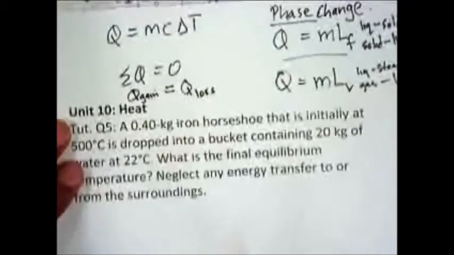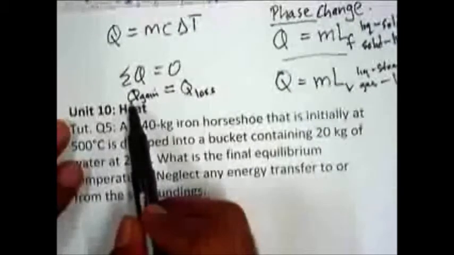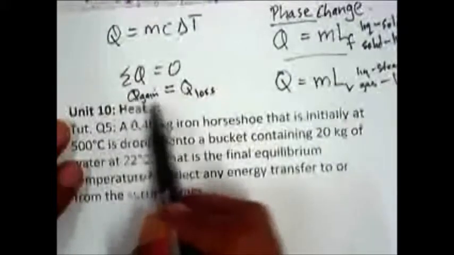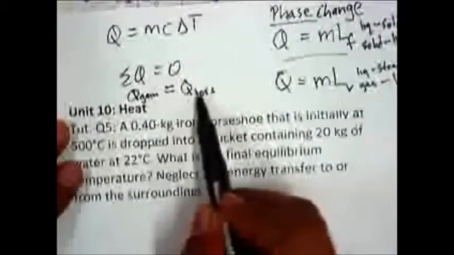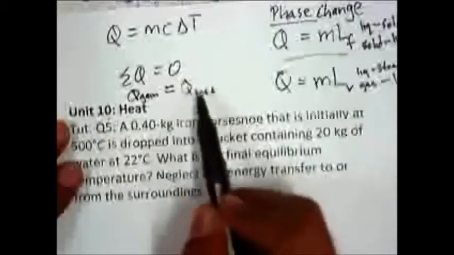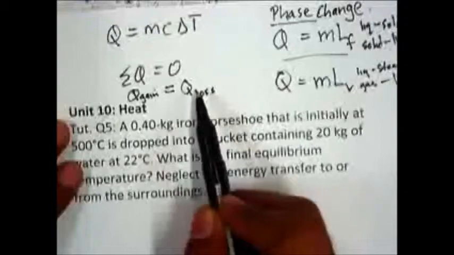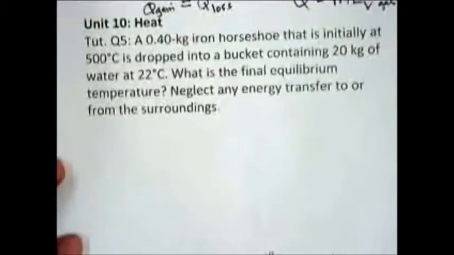So whatever substance is gaining the heat, the amount of heat that the substance gains is equal to the amount of heat lost by the other substance. Basically that is the idea we apply when we solve questions from that topic.